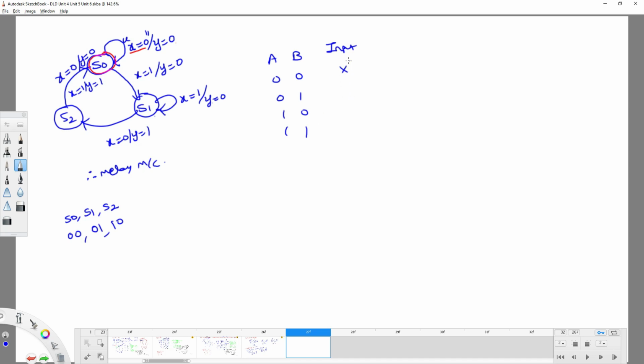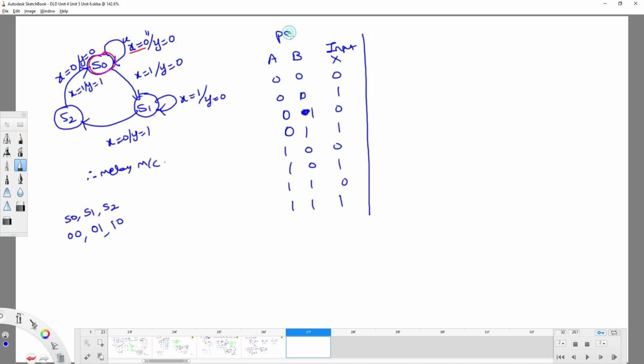Yes. But if you take into consideration the X value, then you are going to have many cases, right? So 0 0 0, 0 0 1, 0 1 0, 0 1 1, 1 0 0, 1 0 1, 1 1 0, 1 1 1. I hope you understood, right?